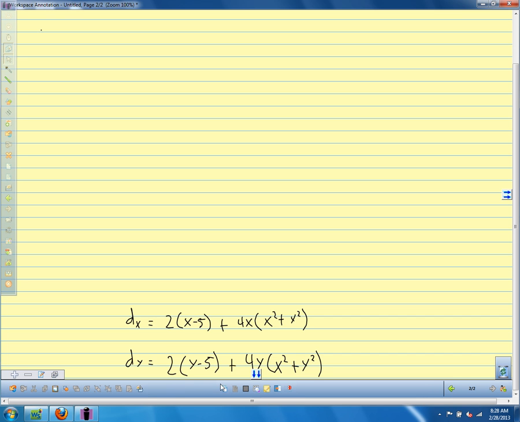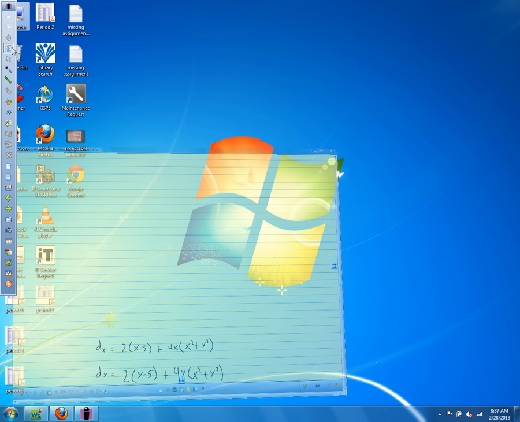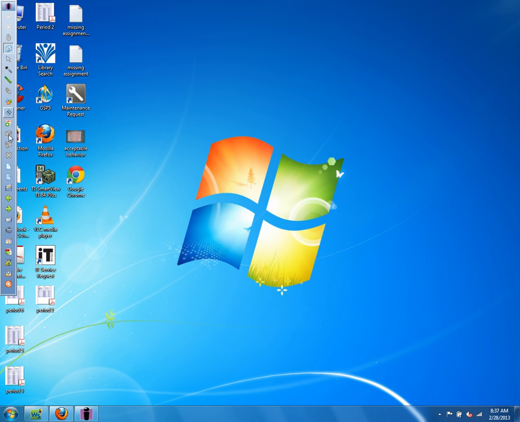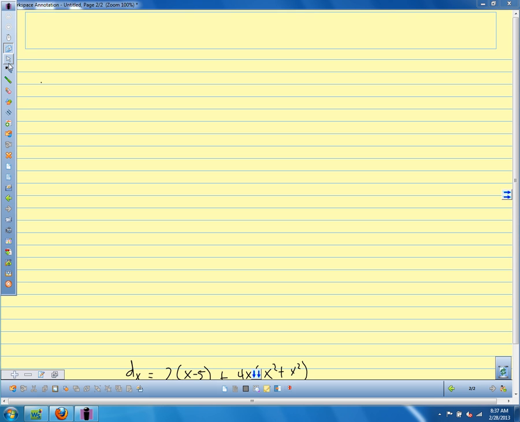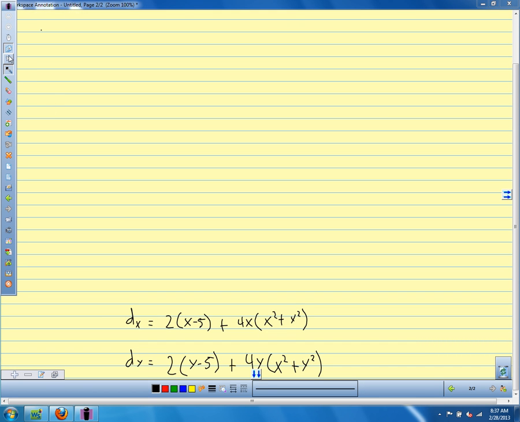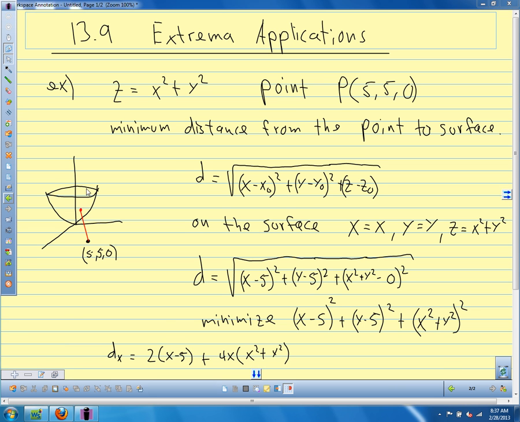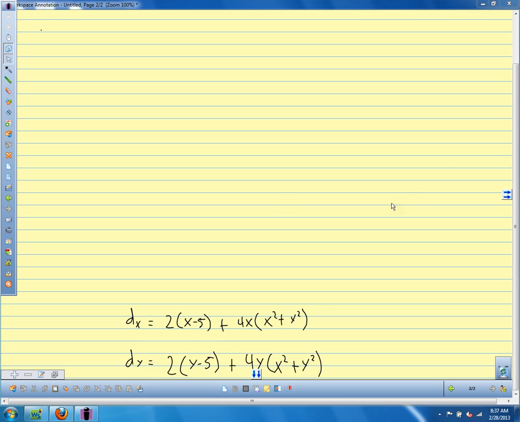What's that thing above the cursor on the left side? I can't unselect that. No, it's pen mode. All right, I thought it was going to be fancy, but it's not working. Oh, there we go.